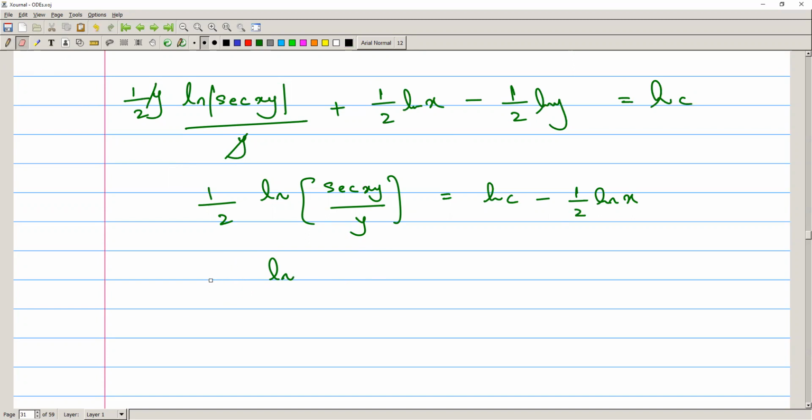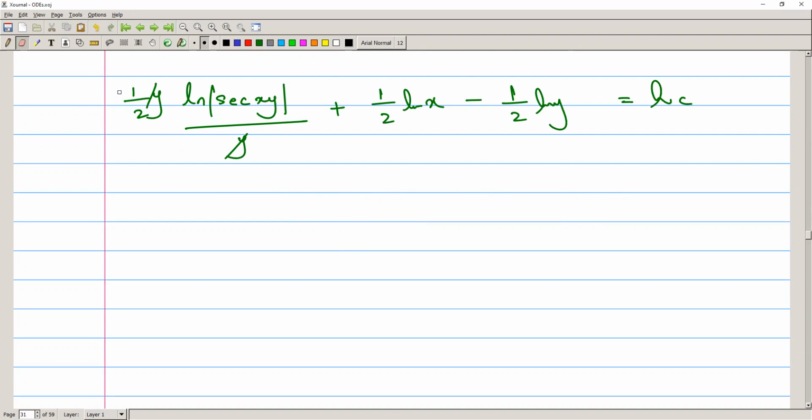Let me simplify it in a smart manner here. I am going to write half ln x plus half ln c in place of this, or we can just simply take 1 over 2 as common and shift it to the right hand side, and it's a constant ln c, so it doesn't matter.